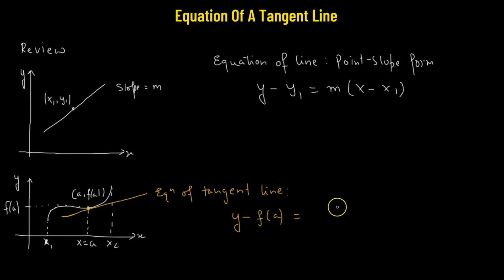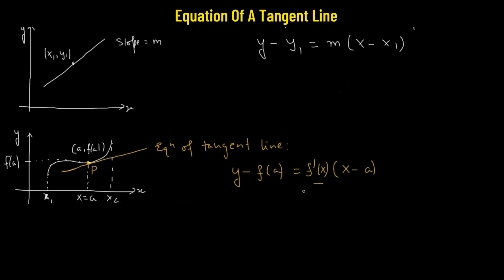We'll come to the slope in a moment. The slope times x minus x1, and x1 is the x coordinate of that point, which is a. Now the slope is actually given by the derivative of this curve. The derivative of the curve is defined as the slope at that particular point. Let's call it P. So this is the equation of a tangent line.